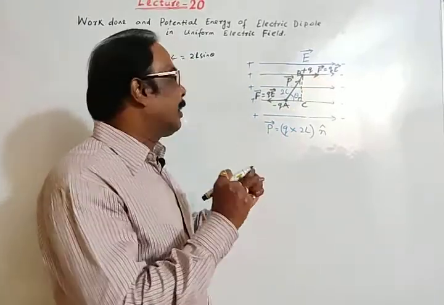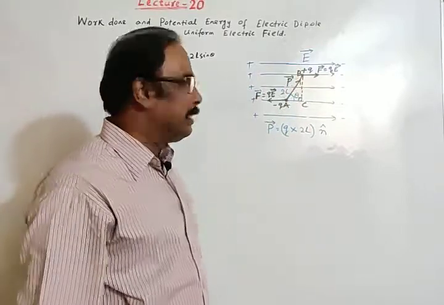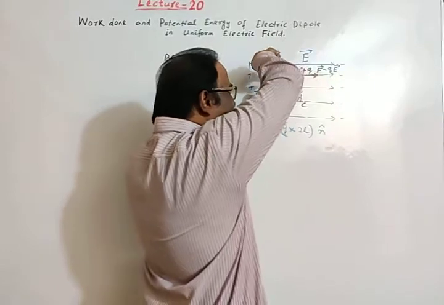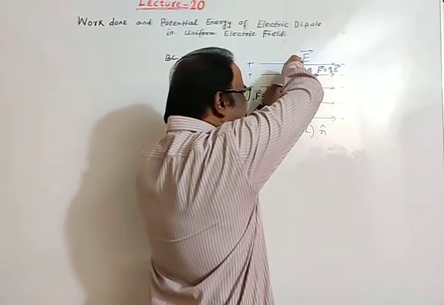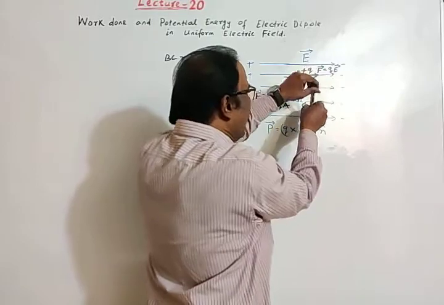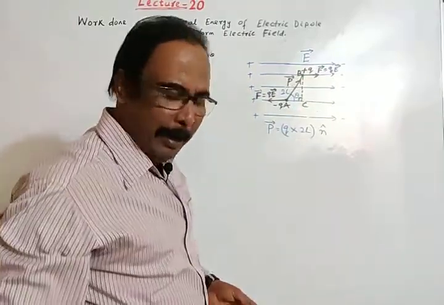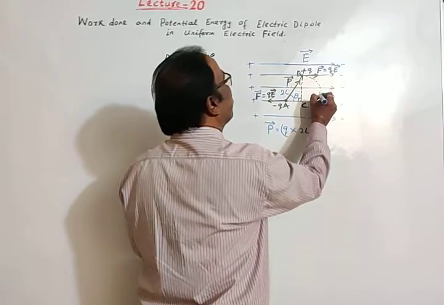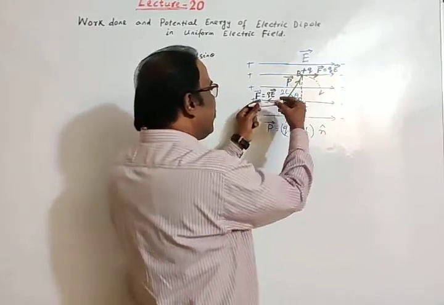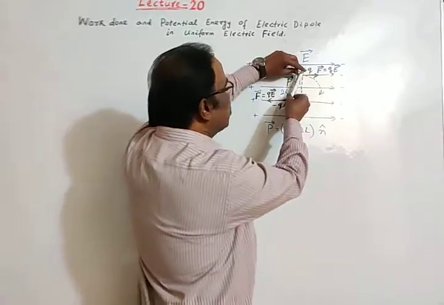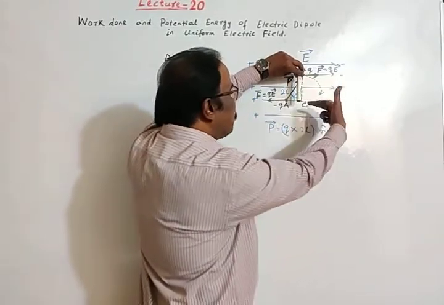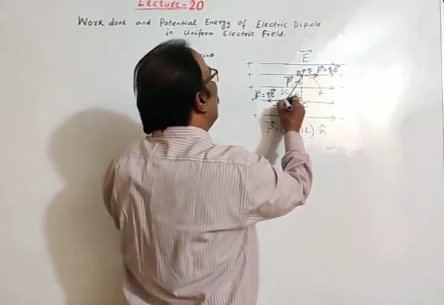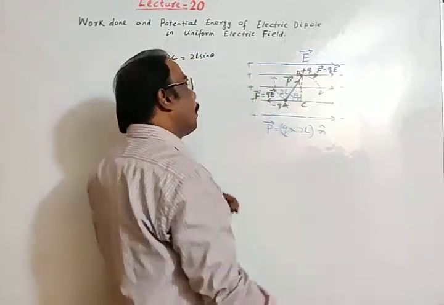If the dipole is placed like this, this force is towards the right. If I apply the force towards the right, it will tend to rotate the dipole in clockwise order. Again, about this force, this is the perpendicular distance, this is the force. If you apply the force towards the left, then this force will also tend to rotate the dipole in clockwise order.